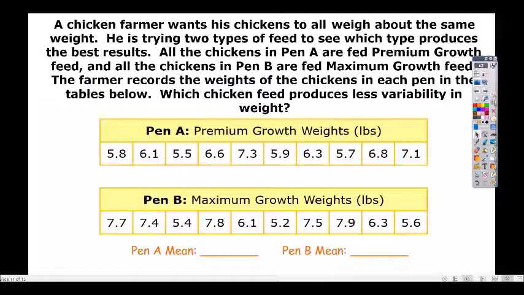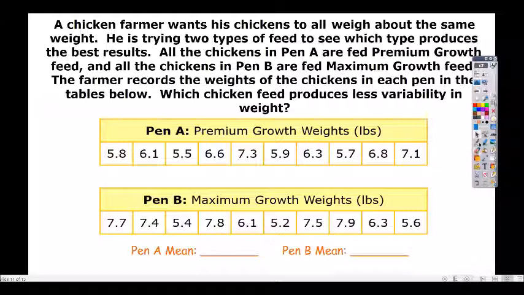In this one, there's a chicken farmer who wants his chickens to all weigh about the same weight. He is trying two types of chicken feed to see which type produces the best results. All the chickens in pin A are fed premium growth feed, and all chickens in pin B are fed maximum growth feed. The farmer records the weights of the chickens in each pin in the tables below. Which chicken feed produces less variability?